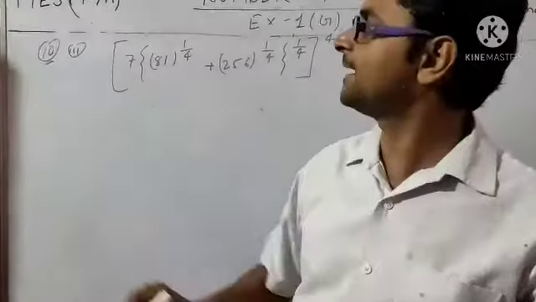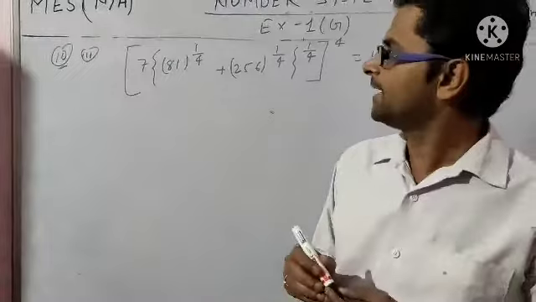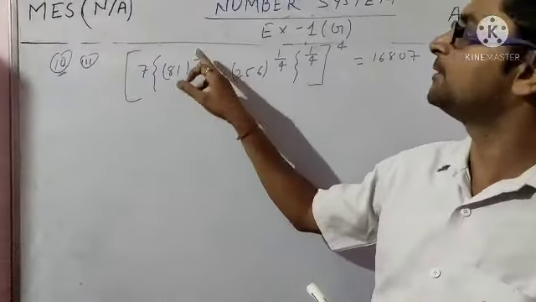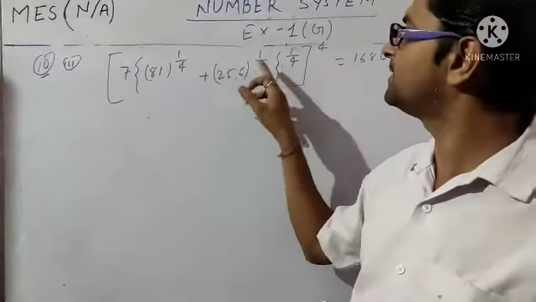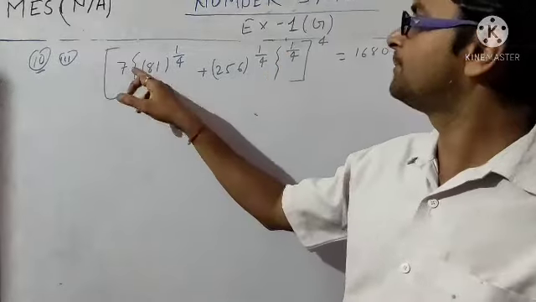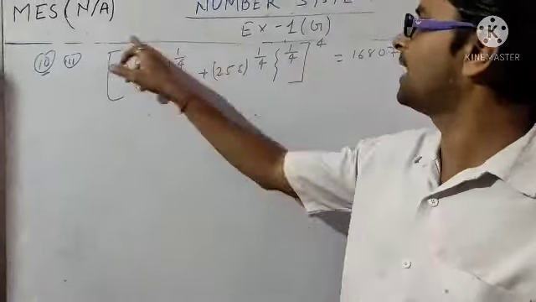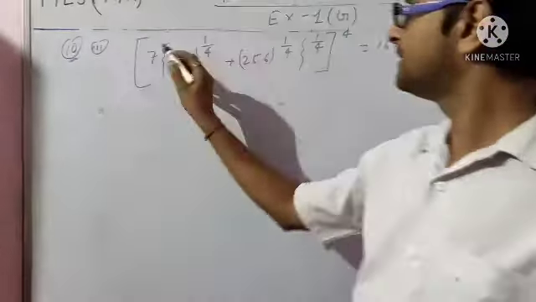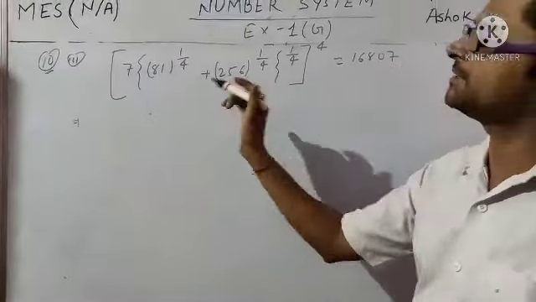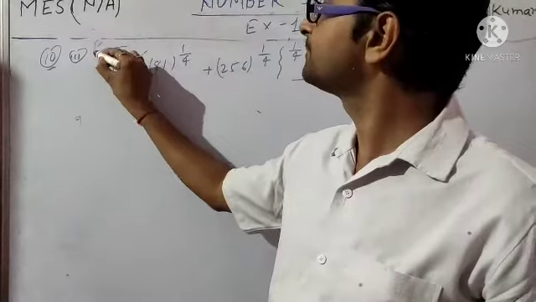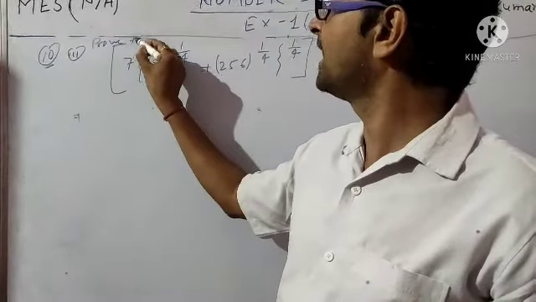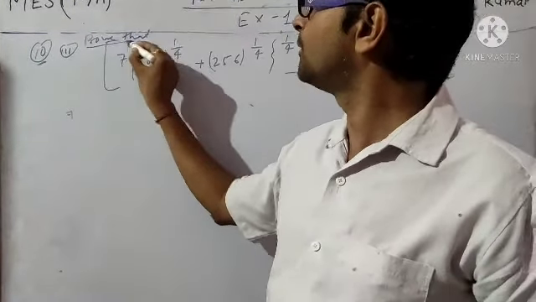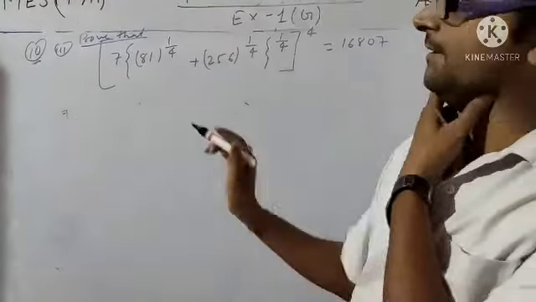Question number 10's 3. Here student, 7 into (81 to the power 1 by 4 plus 256 to the power 1 by 4), the middle bracket to the power 1 by 4 and the complete bracket to the power 4. Okay student, and this value is equal to this value, that means you have to prove that this value is equal to this value.